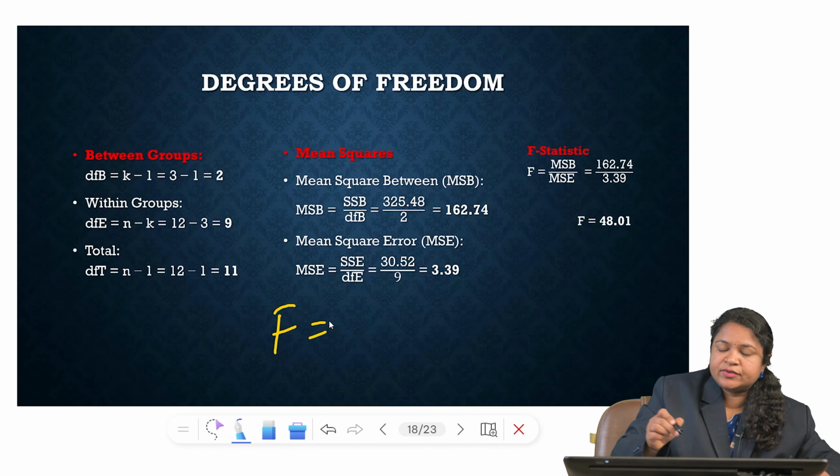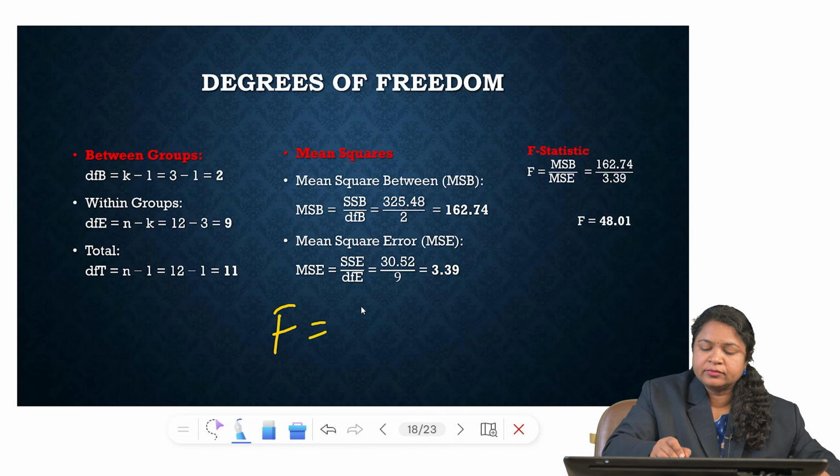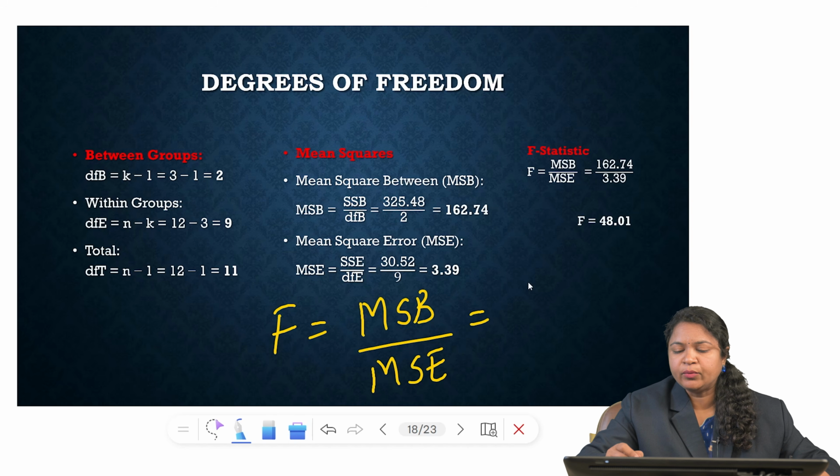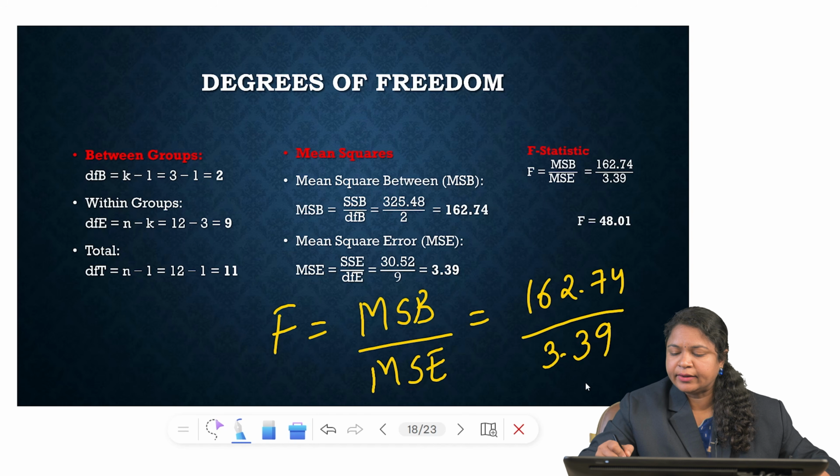To calculate the F statistic, there is a formula. We need to divide the mean square between by the mean square error. So mean square between we got 162.74 and mean square error we got as 3.39. We are getting the F statistic as 48.01.